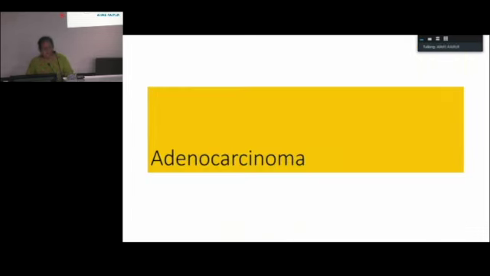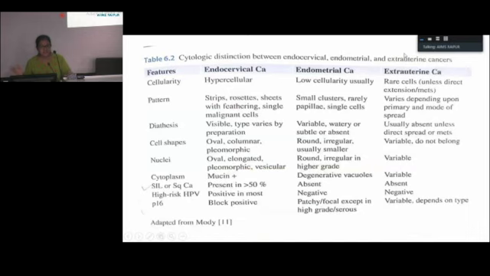Alright. Then we come to the last category, which is adenocarcinomas. Now, important subgroups in adenocarcinoma are endocervical adenocarcinoma, endometrial adenocarcinoma, and extrauterine adenocarcinoma, where you can identify a site, ovarian, fallopian tube, rectal, etc. And then others, where you cannot put it into any category, which is NOS.